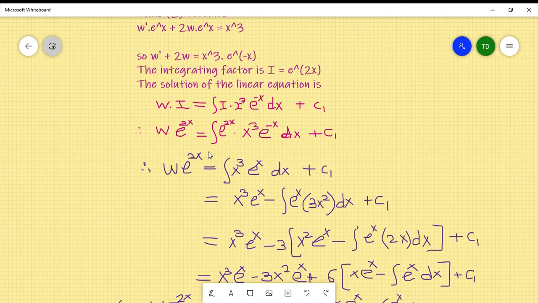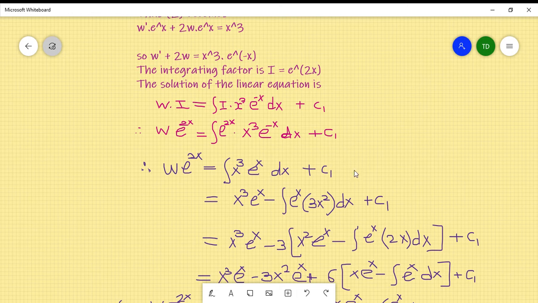So we get w e^(2x) equal to the integration of e^(2x), the integrating factor, times x³ e^(−x), the function on the right hand side, with respect to x, plus a constant of integration.